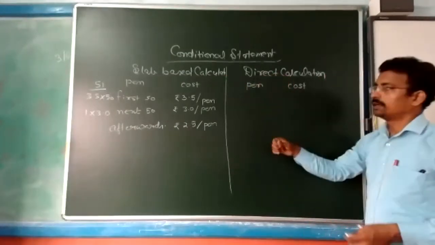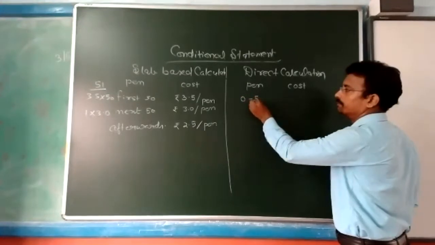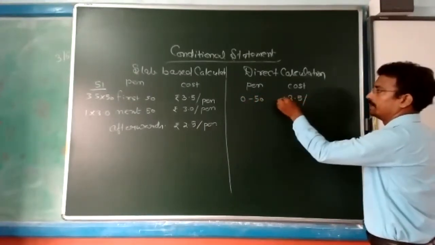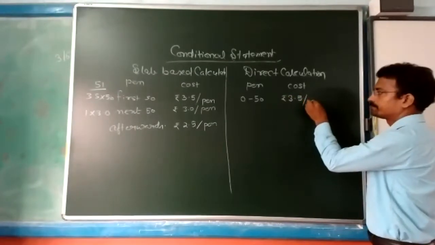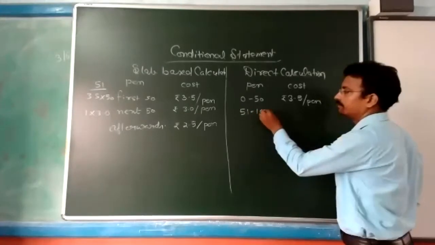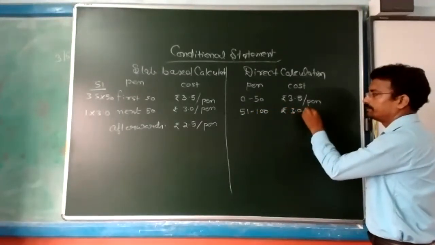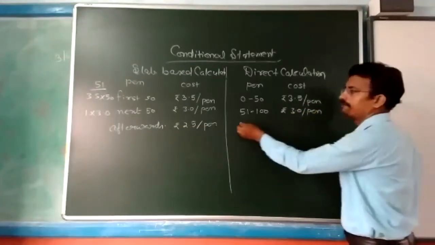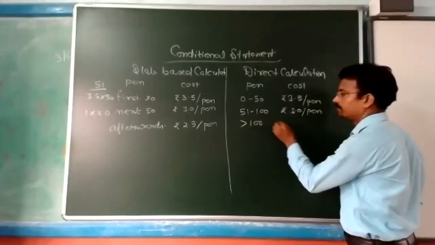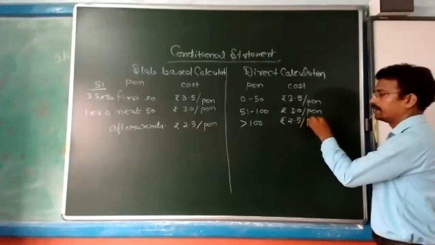And if the same is given this way, 0 to 50, 3 rupees 50 paise per pen; 51 to 100, rupees 3 per pen; more than 100, rupees 2.50 per pen.